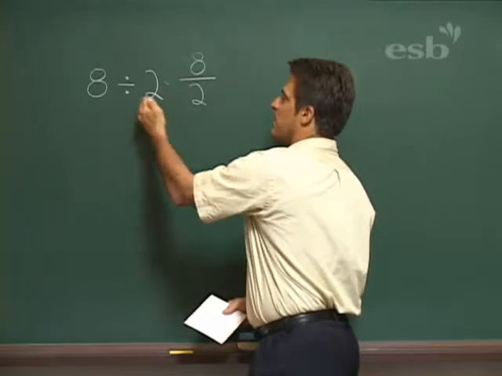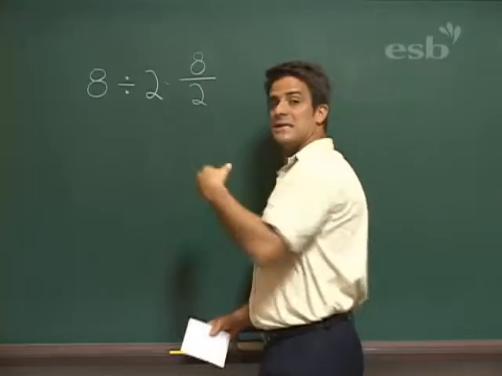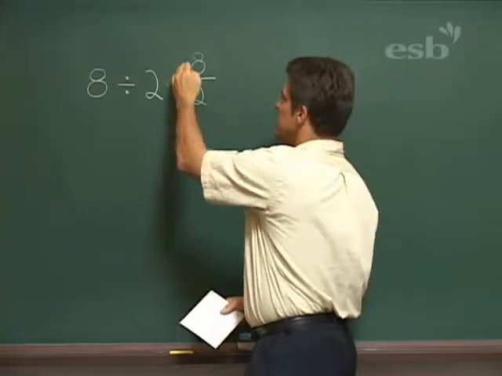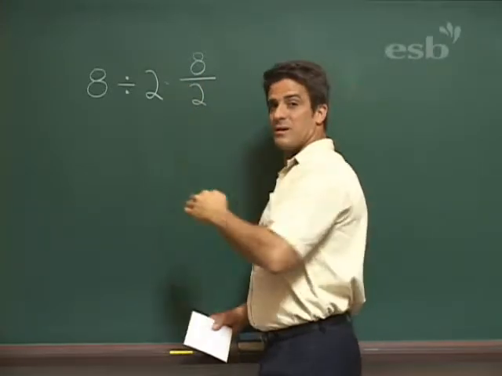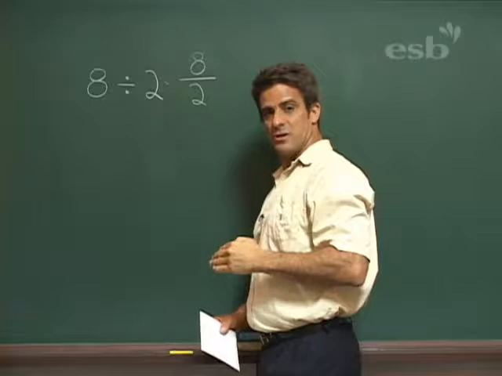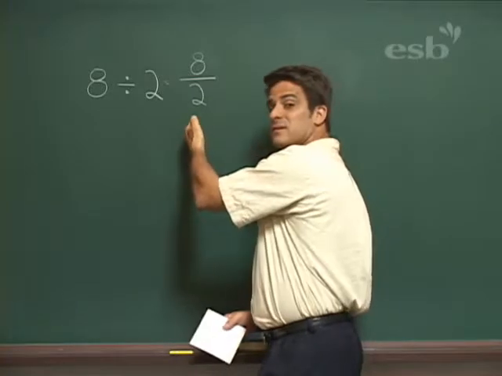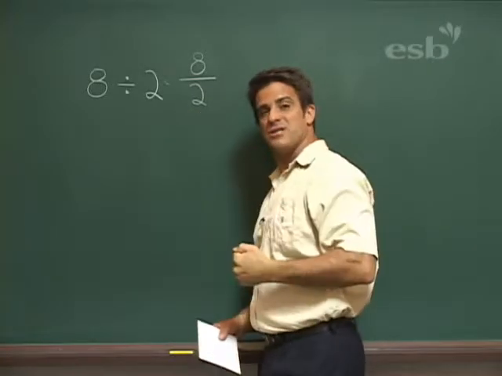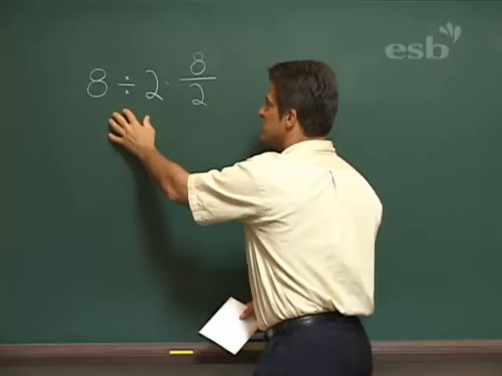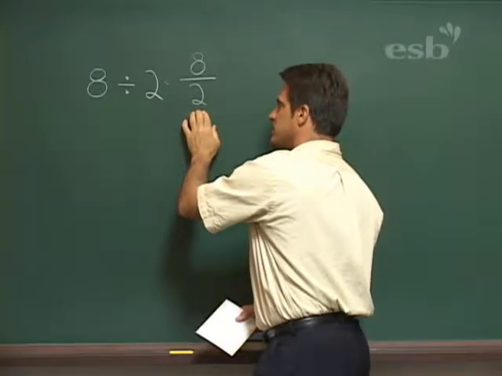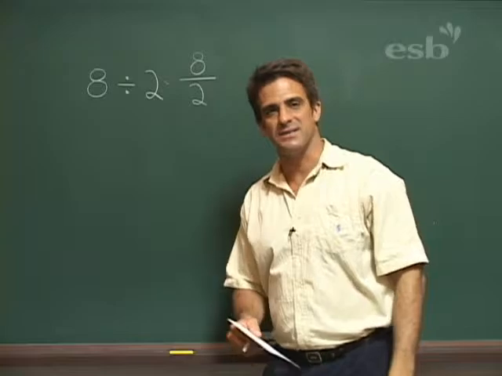Eight divided by 2 is the same as 8 over 2. 8 over 2. This is a fraction. So division can be written as a fraction.